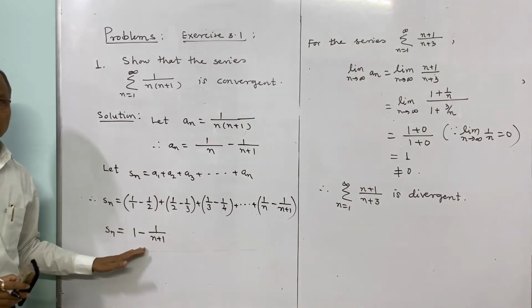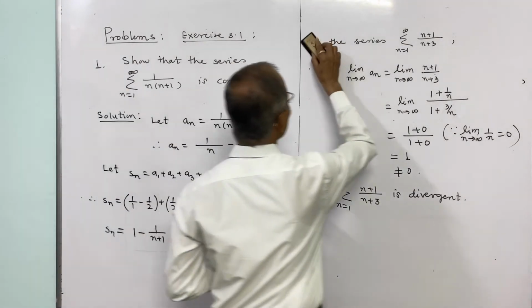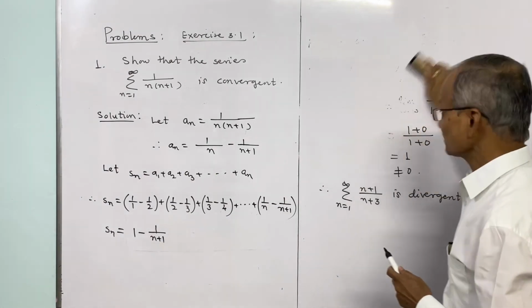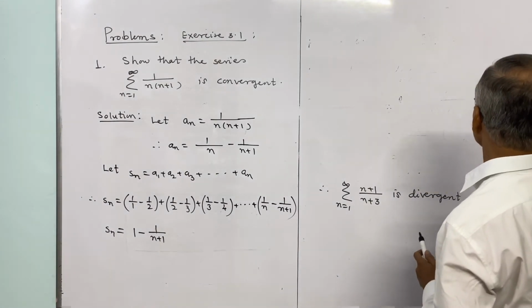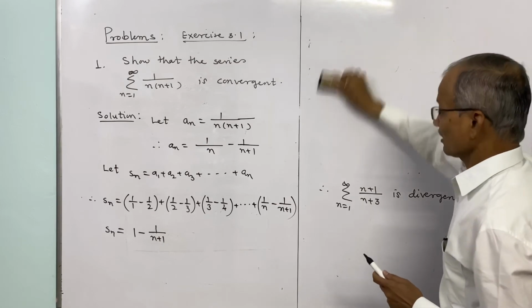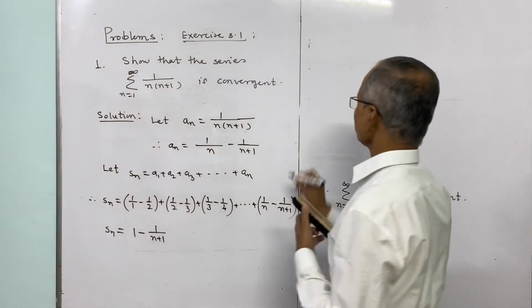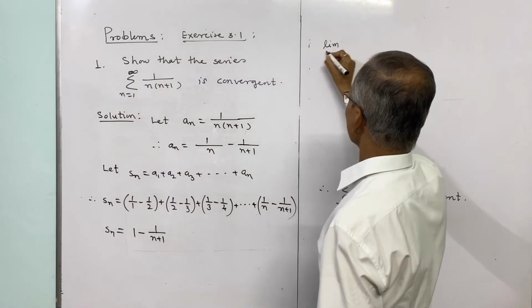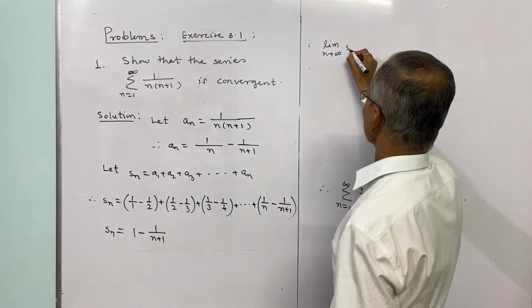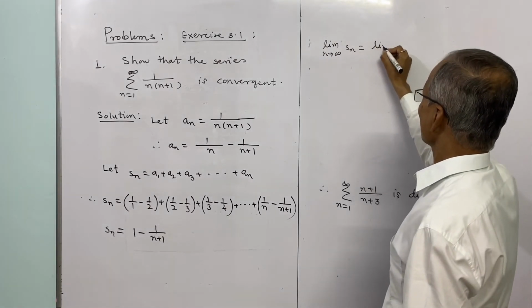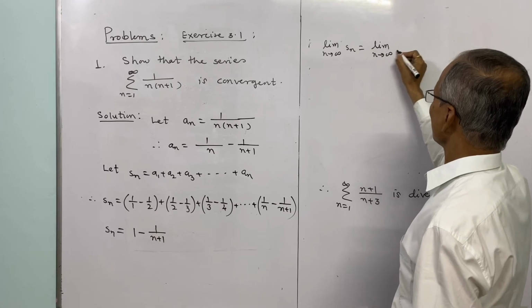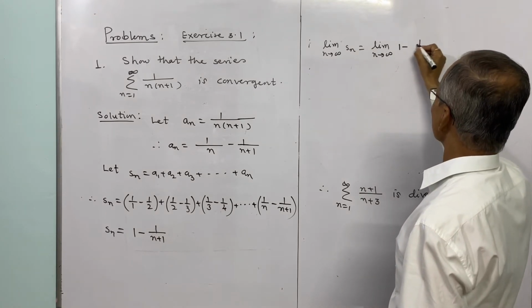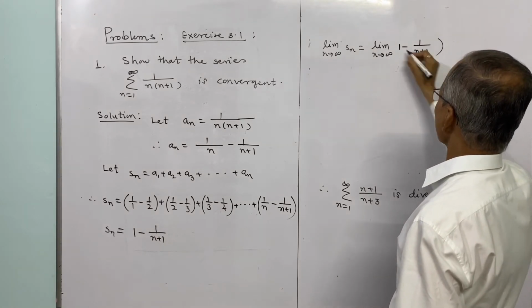Now we shall take its limit, and the limit of Sn will decide whether the series is convergent or divergent. What is the limit of Sn? Limit as n tends to infinity of Sn is the limit of 1 minus 1 over n plus 1.